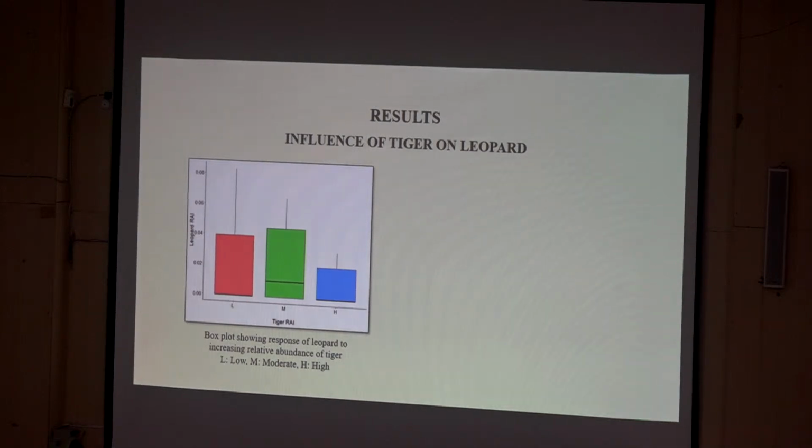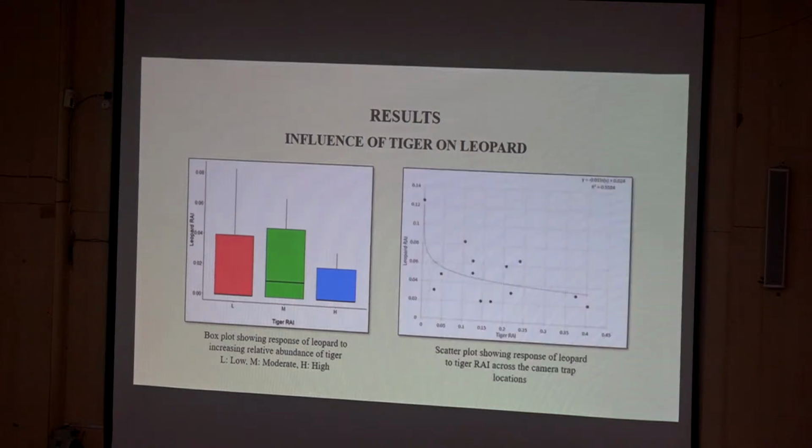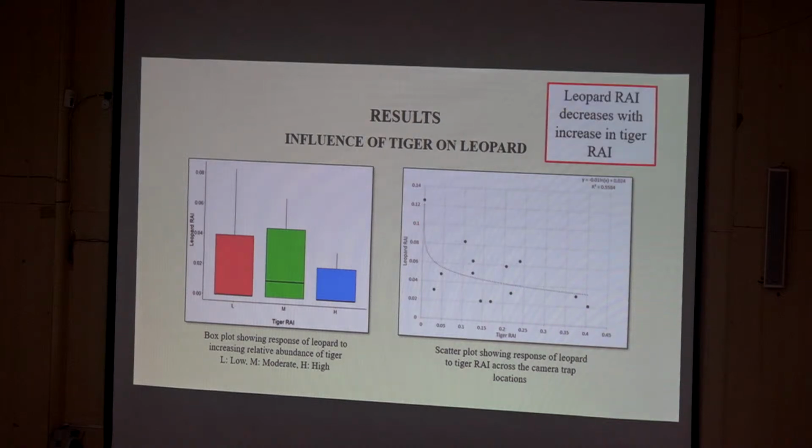As prey availability increases, the RAI for both the predators increases, as is seen by the shift in the medians. However, as tiger RAI increased from the moderate to the high categories, a drop in the median value of leopard RAIs was observed. This is also evidenced by the scatter plot here, where the leopard RAI declines with increase in the tiger RAI and may be indicative of avoidance.